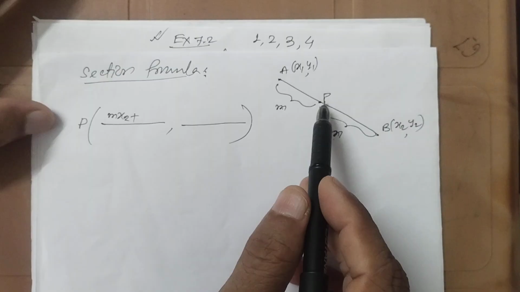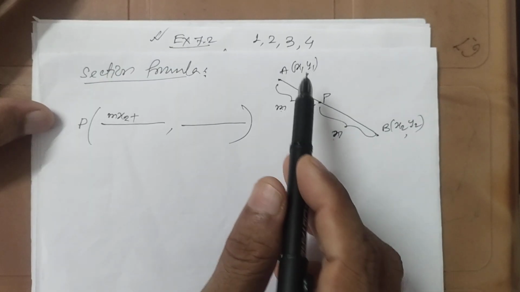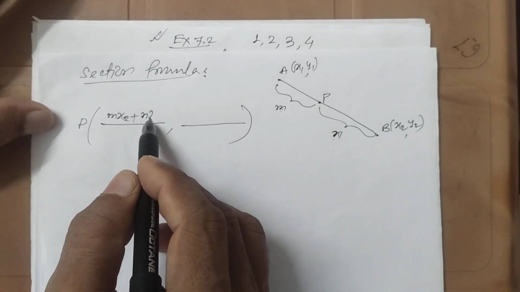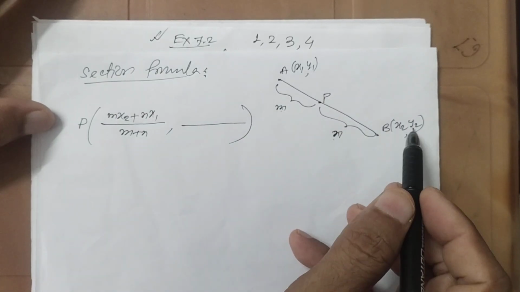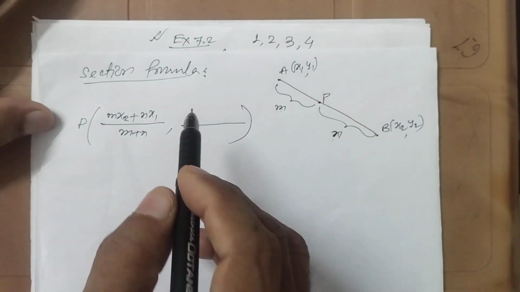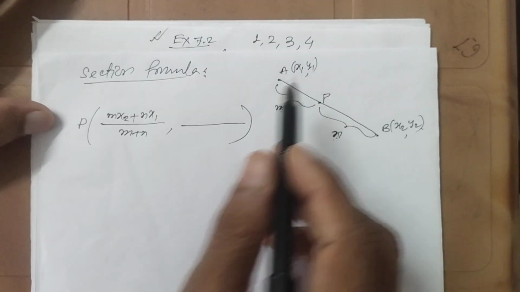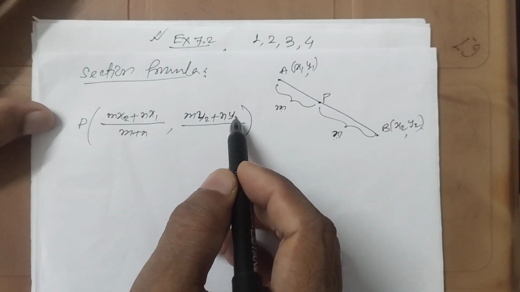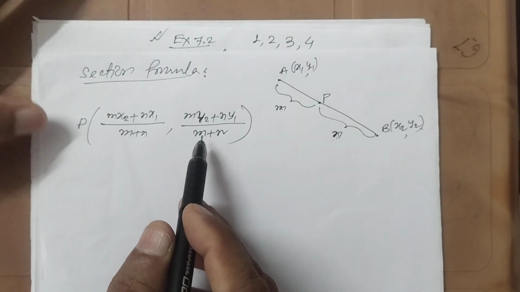So point P is given by (mx2 plus nx1) by (m plus n), and again (my2 plus ny1) by (m plus n). This is called the section formula.